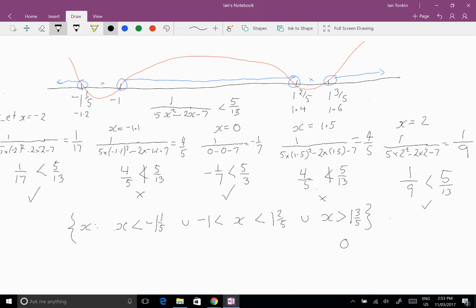And we're very happy with ourselves because we've used critical points, but we've shown with a hybrid of techniques that we have a deeper understanding of what this question is asking.